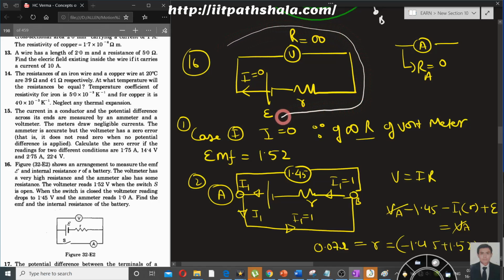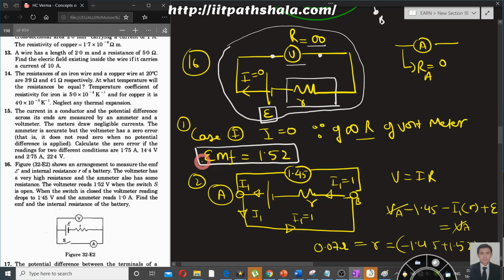Because the voltmeter is carrying a very high resistance, let us assume that this resistance is infinite, and if it is infinite, the current in this branch will eventually be equal to 0. So there is no voltage developed across this small resistance R, and the voltmeter is measuring only the EMF, logically.